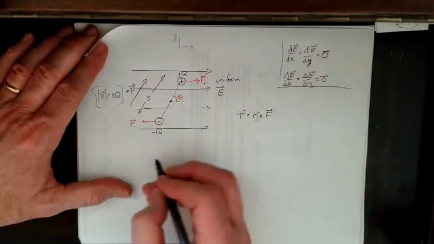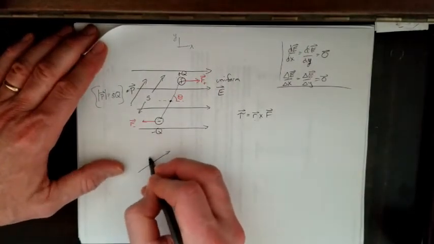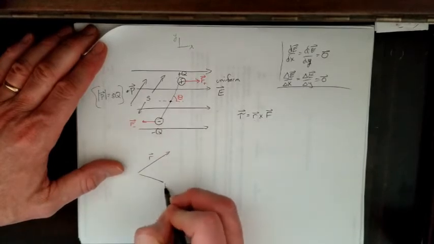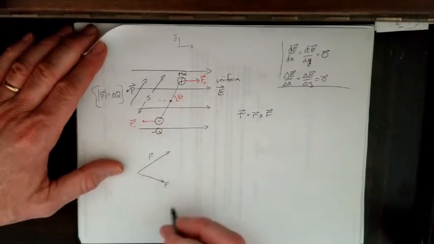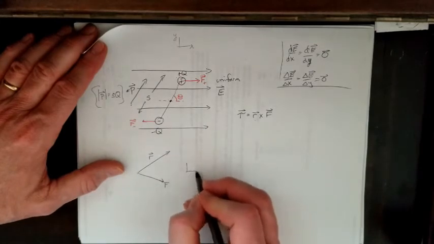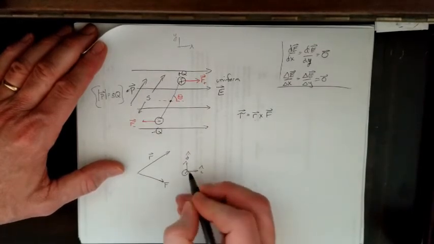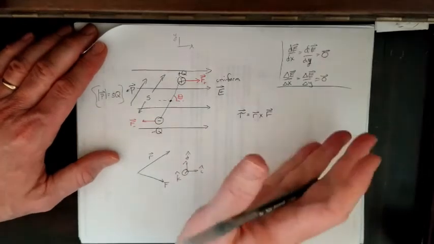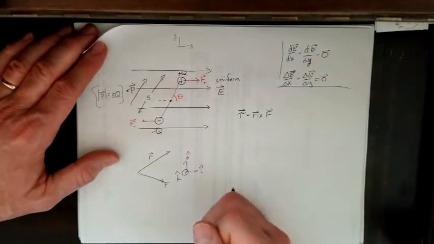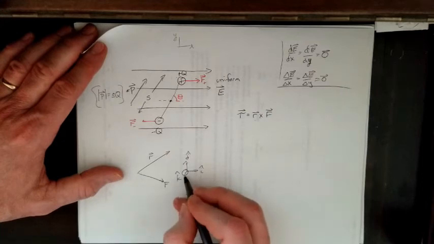So another reminder, if I have my R this way and my F that way, if I do R cross F, the direction, let's set up a coordinate system here, i, j, and then a right-handed coordinate system, k is coming out. So i cross j is k. So that's coming out.